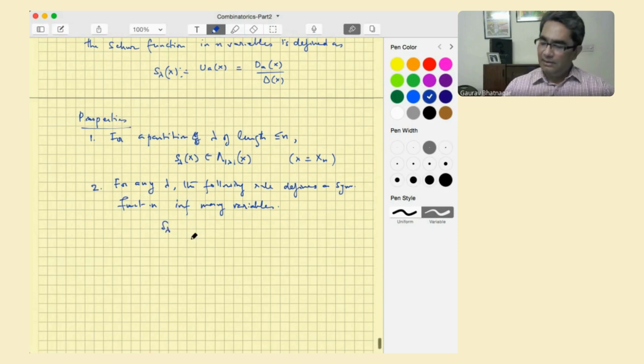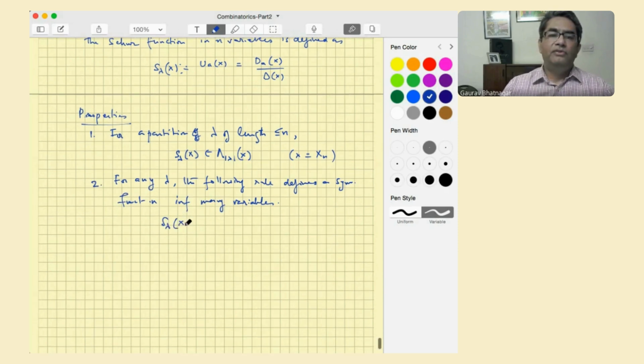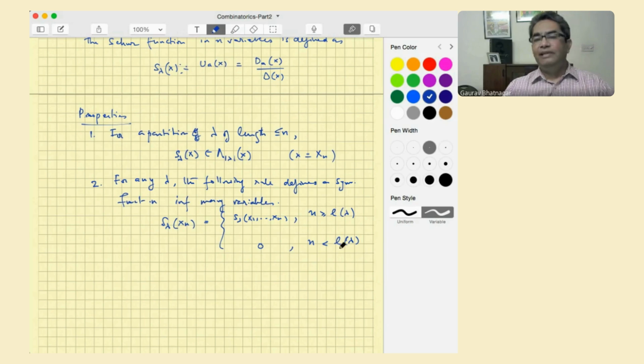So s_lambda of x1 to xn for n bigger than length of lambda, and 0 if n is less than length of lambda. So if length of lambda is much bigger than n, then we just define it as 0, and in that case, then you get this symmetric function.